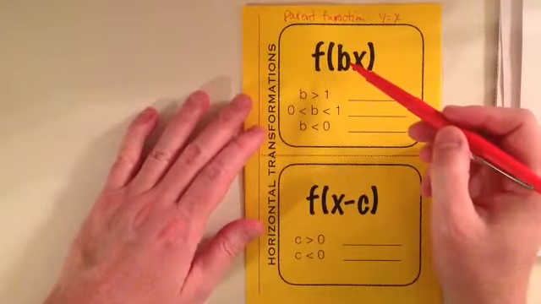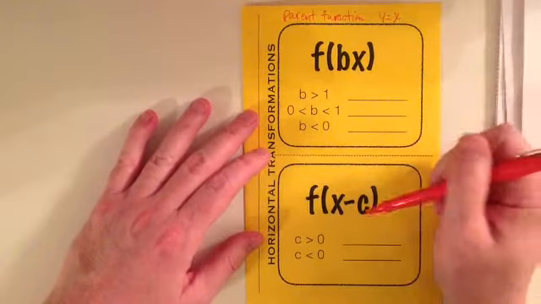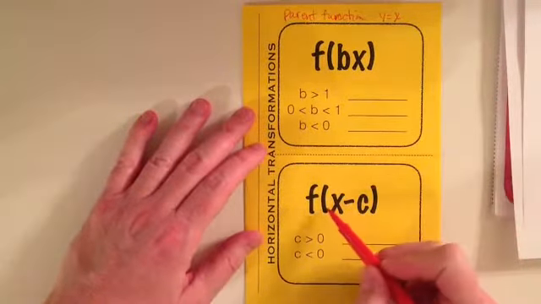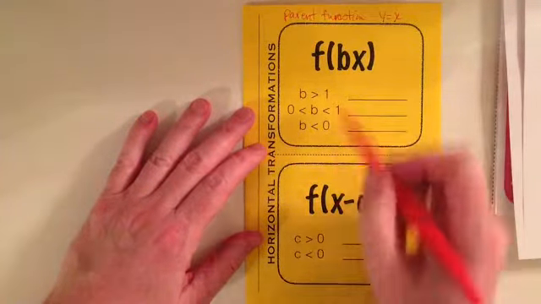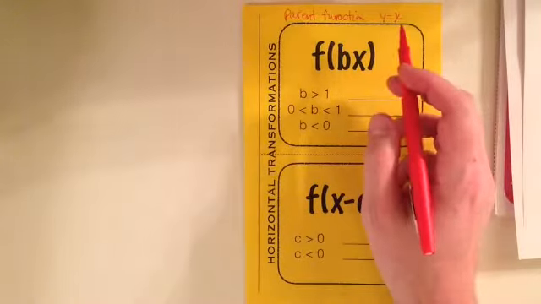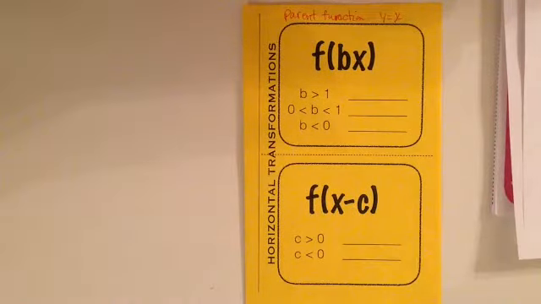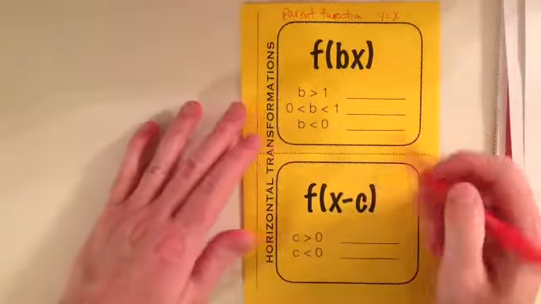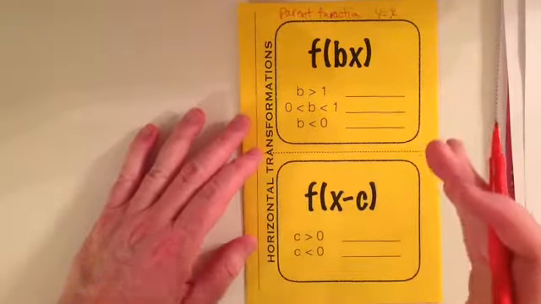Notice that when we change b and when we change c, they are both inside of the parentheses. If you remember, A and D were not inside the parentheses, they were outside, but B and C happen inside the parentheses. They're happening to the x, not to the entire function.